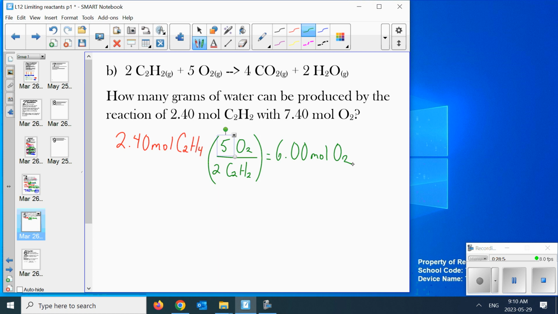Do we have 6 moles of oxygen required? Oh, we have 7.4.